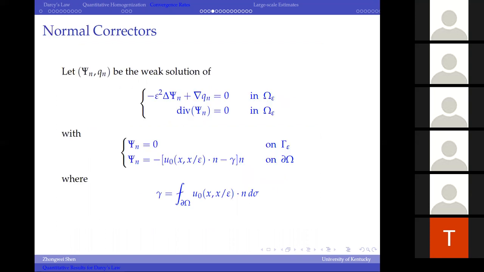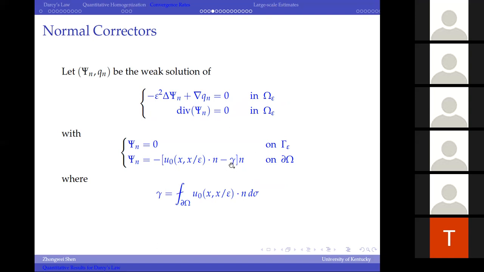Next, let's look at the normal corrector. So we solve a Stokes equation with the boundary data, just the normal components of the discrepancy. But there is always a compatibility condition for the Stokes equations generated by the divergence-free equation.